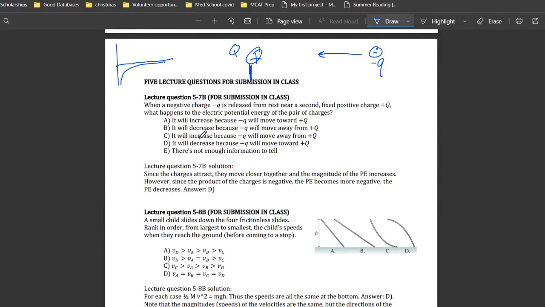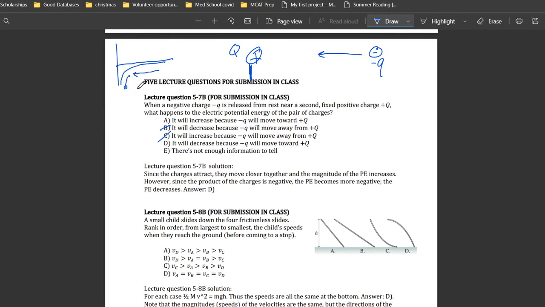So if we're looking at our answer choices, B and C are false because they're saying that the opposite charges would move away from one another, but that's not true. These are opposite charges. They are attracted to one another, so they would move toward one another. And then using this qualitative version of the graph, we see that as they get closer together, the electrical potential energy decreases.